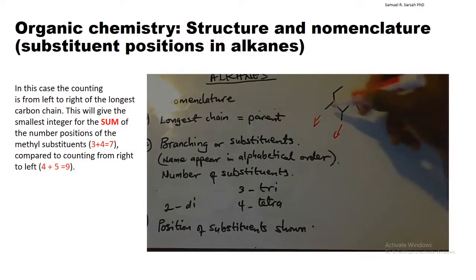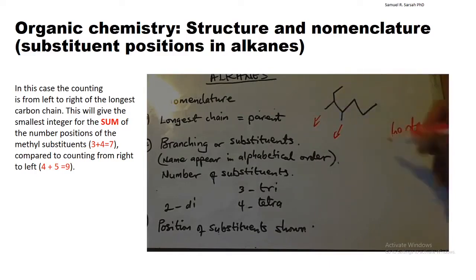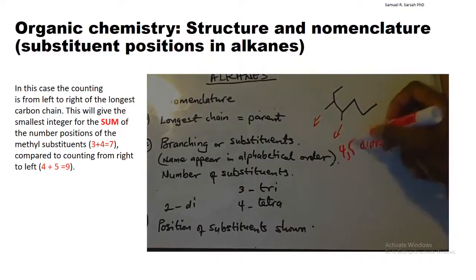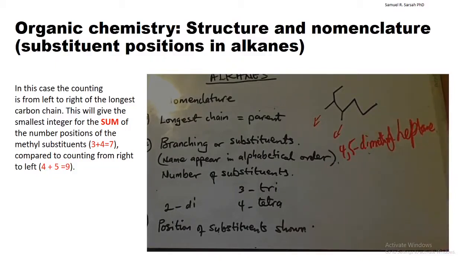So we have 2 methyl groups, carbon number 4 and then carbon number 5. So we have a heptane, and then we have a dimethyl group, 4 and 5. So that is if you're going from here up to here.